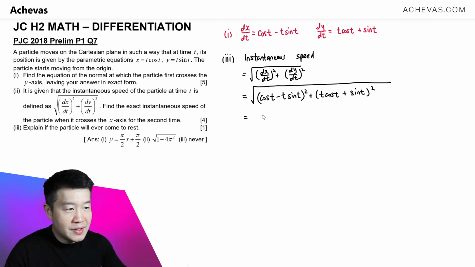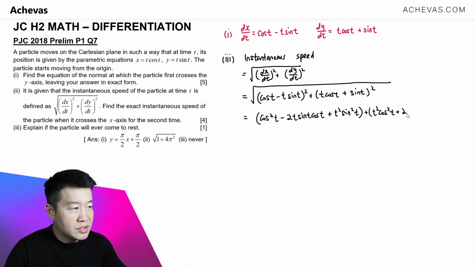Let's expand this, which will be cosine square t minus 2t sine t cosine t plus t square sine square t. And expanding this, we will have t square cosine square t plus 2t sine t cosine t and a sine square t.